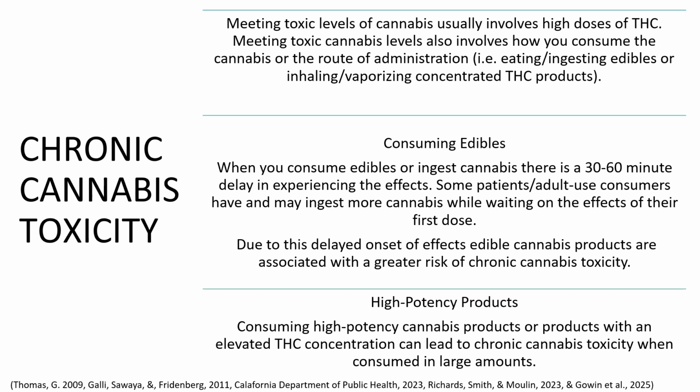We've discussed that. Some patients or adult use consumers may ingest more cannabis while waiting on the effects of their first dose. Due to this delayed onset of effects, edible cannabis products are associated with a greater risk of chronic cannabis toxicity. High potency products. Consuming high potency cannabis products or products with an elevated THC concentration can lead to chronic cannabis toxicity when consumed in large amounts.